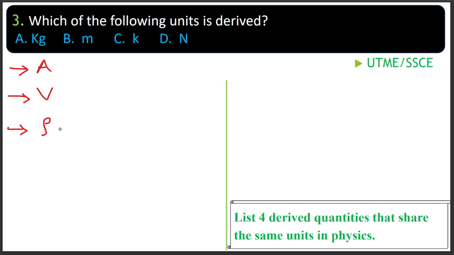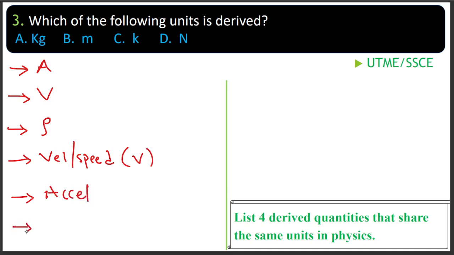It's rho, okay, density, and then you come to velocity, or speed. You use V as the symbol, and then after velocity you should know acceleration, okay. Then after acceleration you should know force, all right.